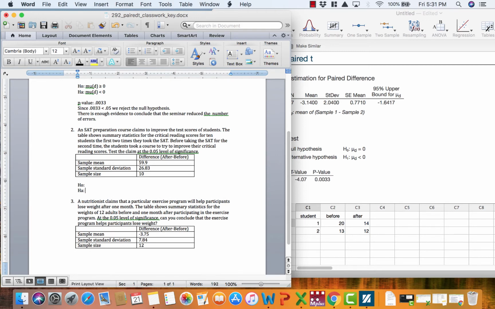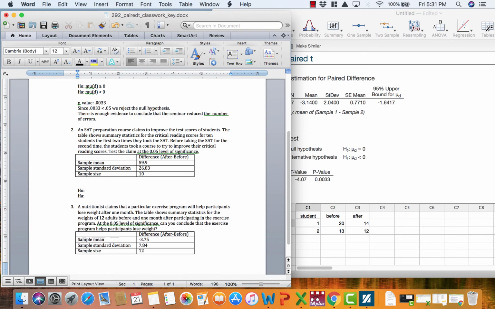Let me go back up here and talk about this difference. The difference is defined as after minus before. Now what we want to test is if scores are higher after than they were before. So we want to do a big number minus a smaller number. That gives us an inequality of greater than 0.